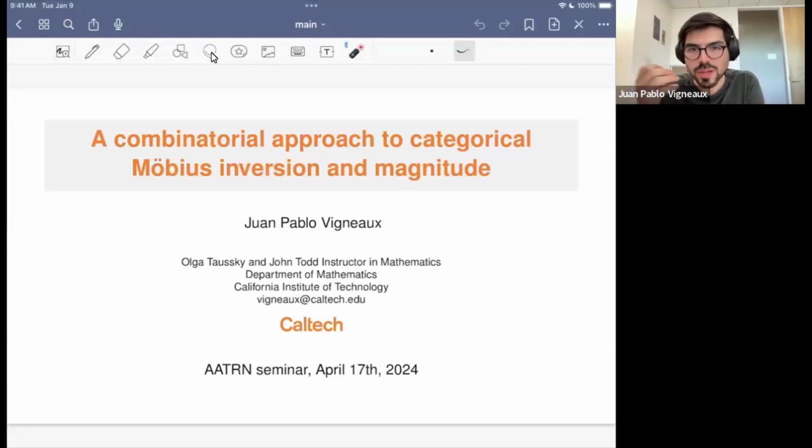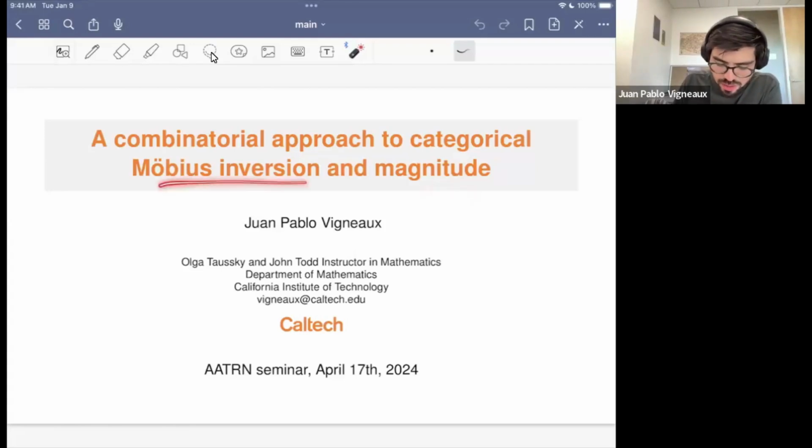So there is a magnitude homology. I will explain a bit what magnitude is and how it's defined. It's defined through this process of Möbius inversion, or it can be defined that way, and we'll try to find a combinatorial perspective to look at this.